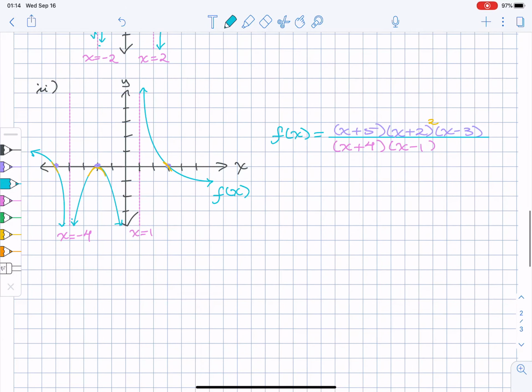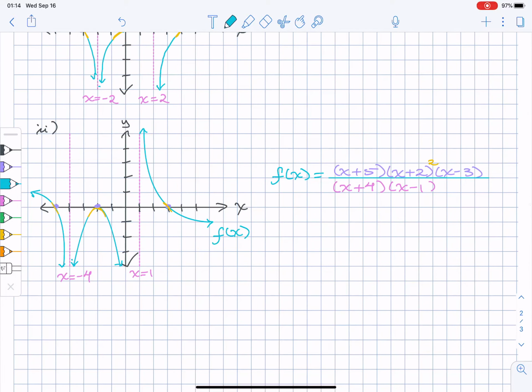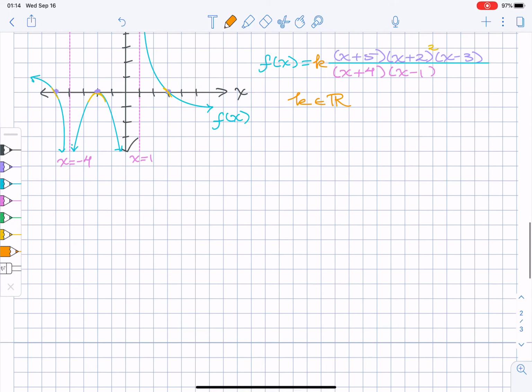And I know that there's probably a constant k that this is multiplied by. So I'll just say times some constant k, not kappa, for those who are actually listening to my lectures, where k is a real number.